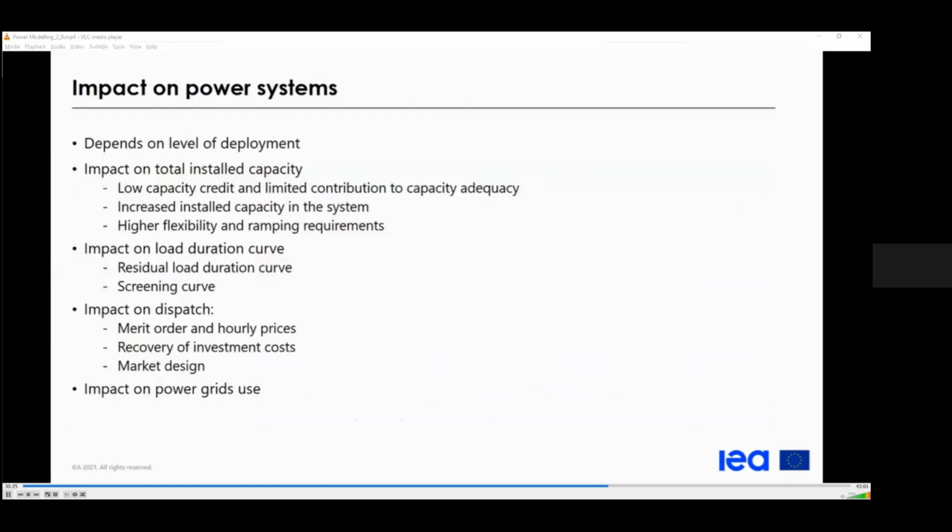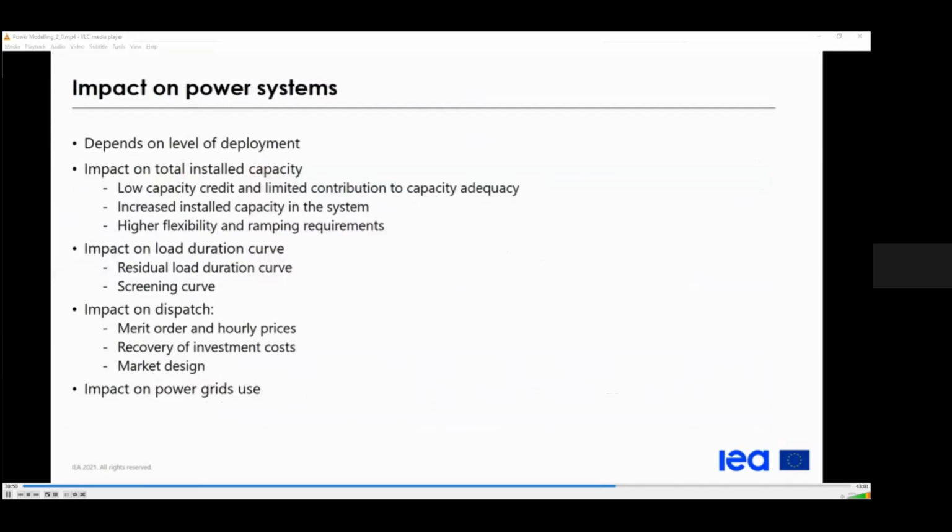The impact of variable renewable energy sources would also depend on the level of deployment. At low level of penetration in the mix, the effects are really negligible. Power systems were built already to be resilient, to be able to accommodate the variability of demand.